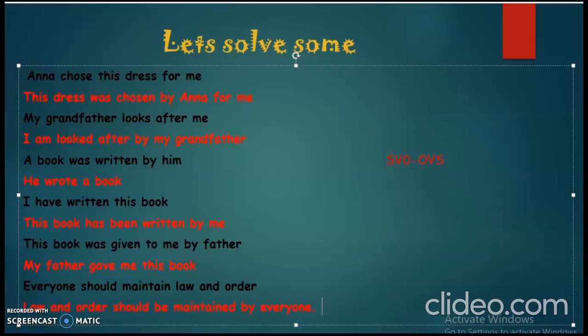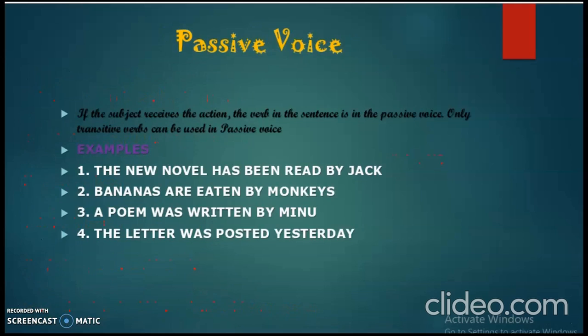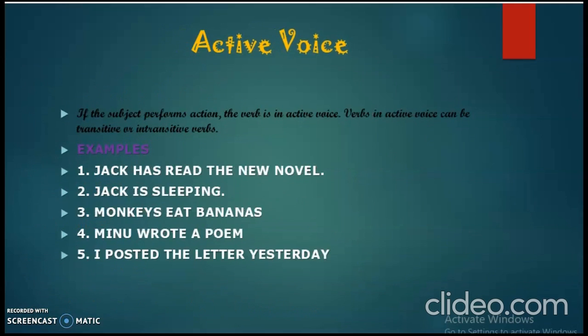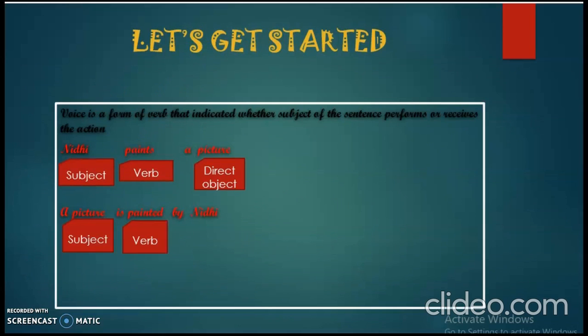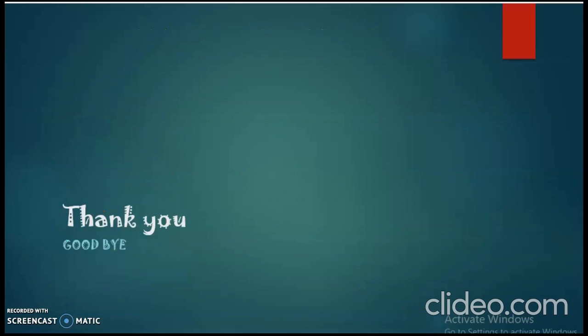So subject, verb, object has been changed to object, verb, subject. Now you can go through these slides once. These are very important slides on active and passive voice. So you went through the slides. We know what is active and passive voice. We have solved some. These are just the basics of active and passive voice.